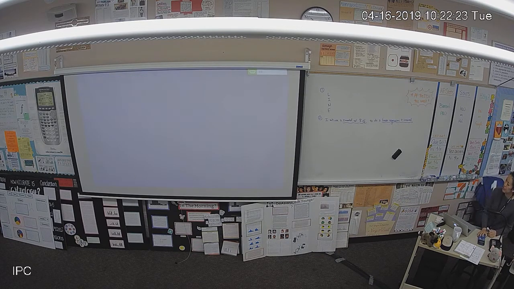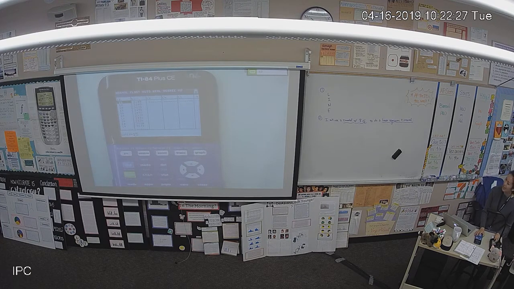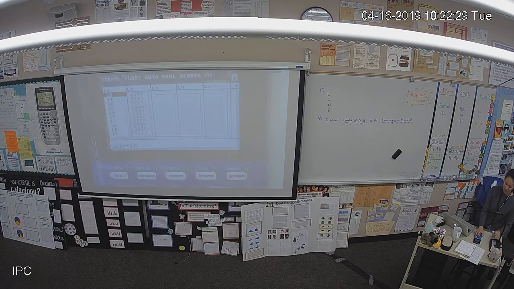You type that into your calculator, and your calculator will have STAT, TESTS, LinRegTInt, close to the very bottom. LinRegTInt. We have L1, L2, confidence level, they said 95%. So just calculate.